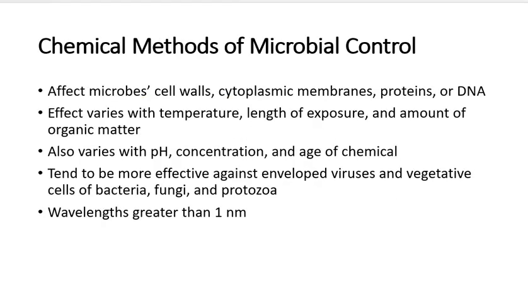Okay, then we can use chemical means. Here we're going to affect several pieces of that organism. The effect varies with the temperature and how long it's exposed. The main thing here is how much organic matter there is. And again, this also applies when you try to sterilize something by using an autoclave.